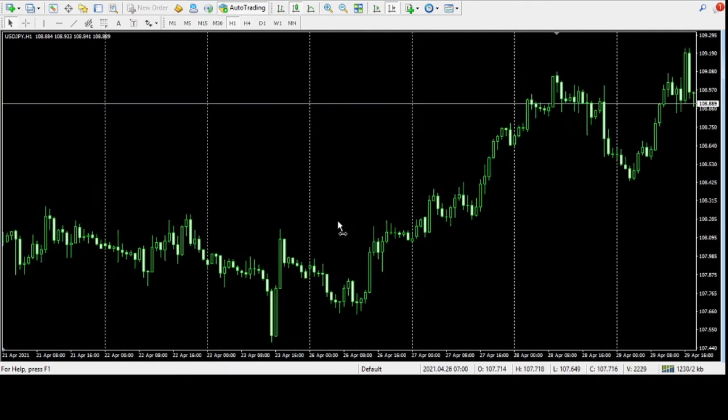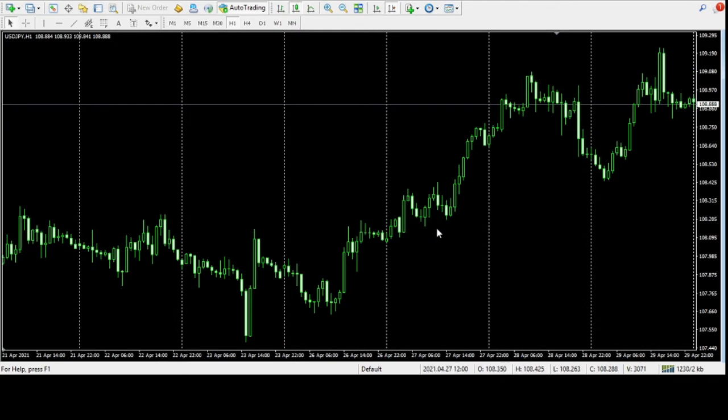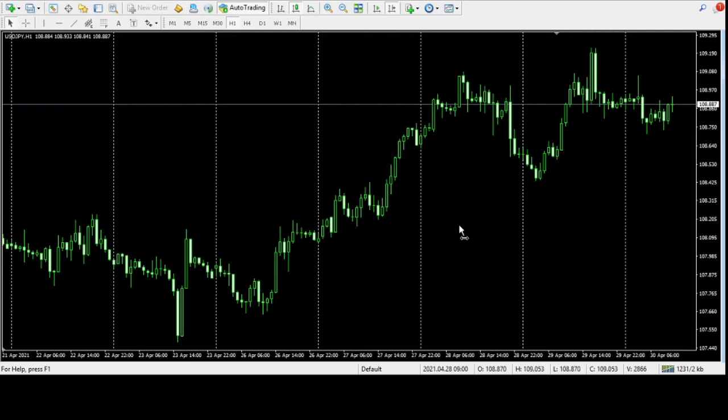For example, let's start from the 28th. Let's say you want to trade on the 28th. Immediately the last candle of the 27th closes, we have to look for the high and low of the 27th.